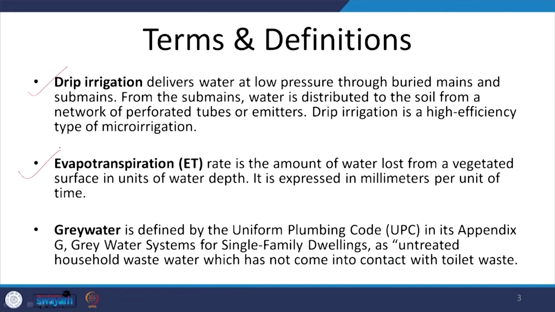The next is evapotranspiration. It is the rate of water which is lost from a vegetated surface, and it is in units of water depth, expressed in millimeters per unit of time. Suppose we have a grass lawn. The amount of water which is lost from that surface overall is the evapotranspiration rate.